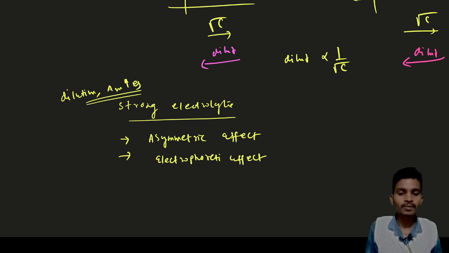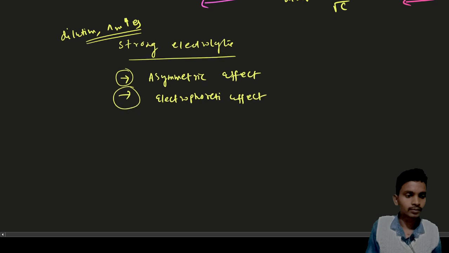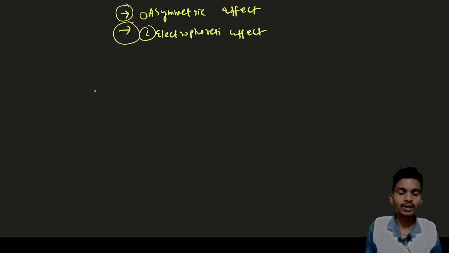So obviously this value increases, but why does the graph look like this? For that we have to study the asymmetric effect and the electrophoretic effect. So what is the asymmetric effect? First we will discuss the electrophoretic effect.